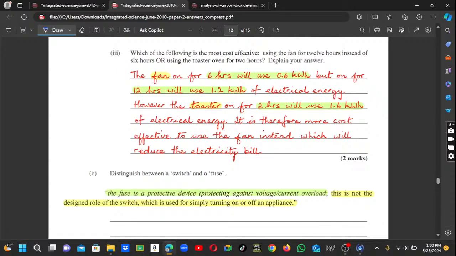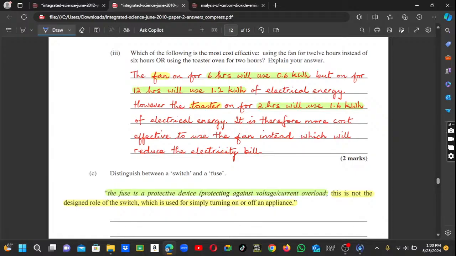Which of the following is most effective: using a fan for 12 hours instead of 6 hours, or using a toaster for 2 hours? We need to explain our answer. A fan for 6 hours uses 0.6 kilowatt hours, but for 12 hours it will use 1.2 kilowatt hours of electrical energy.